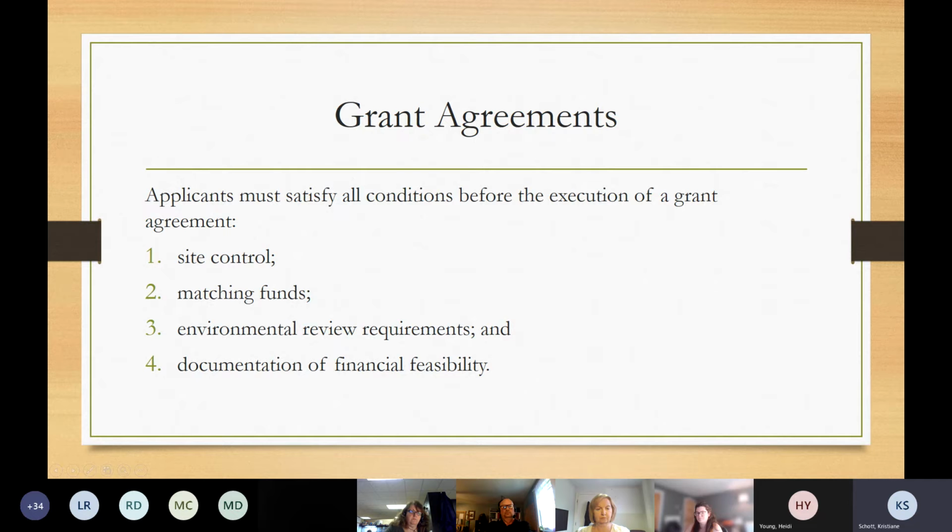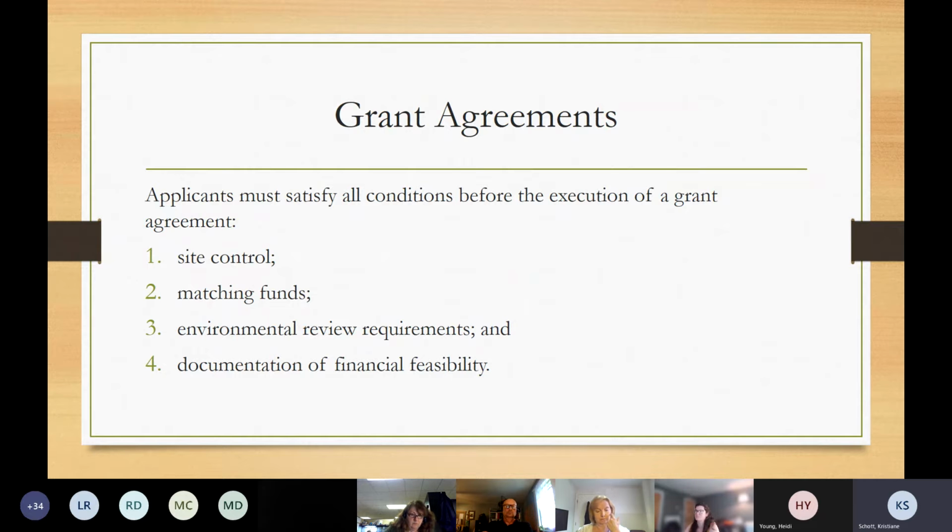When HUD asks us for the grant agreements, the Bureau of Housing Supports, as a recipient, must ensure that all of the conditions are met before the execution of a grant agreement. So the Bureau of Housing Supports must make sure that site control is established, which means there's evidence that project sites are secure and that subrecipients can operate in given locations.